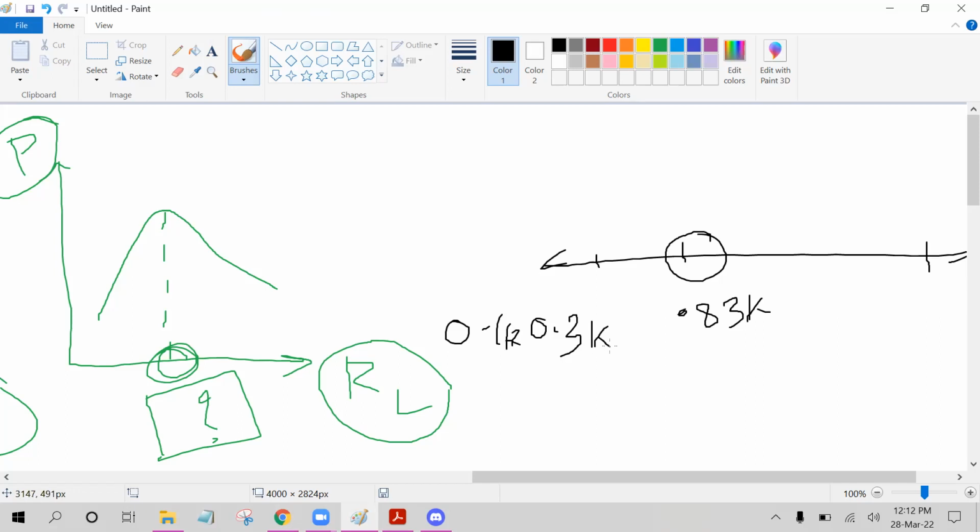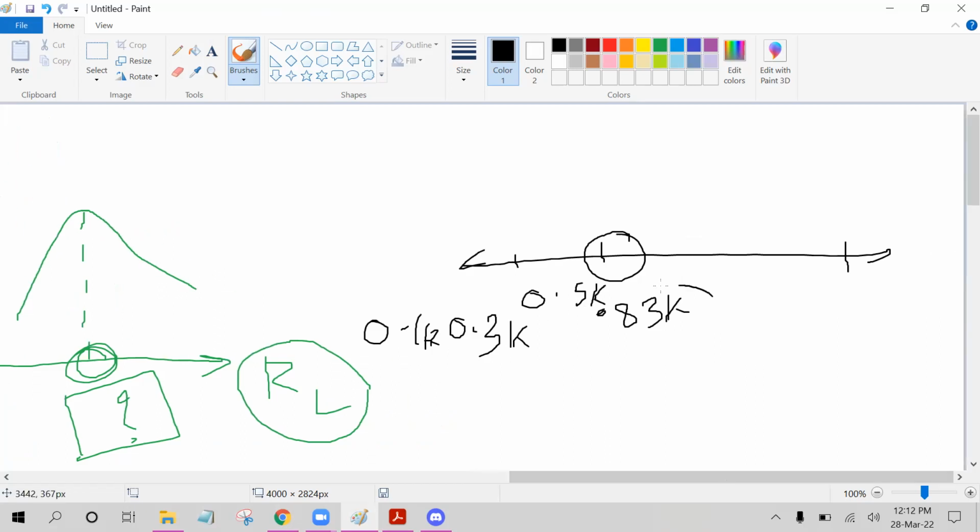And then I am going to take the Thevenin value as RL, 0.83 kilo. And then some values which are larger than RL, say 1 kilo, 2 kilo, say 2.5 kilo.